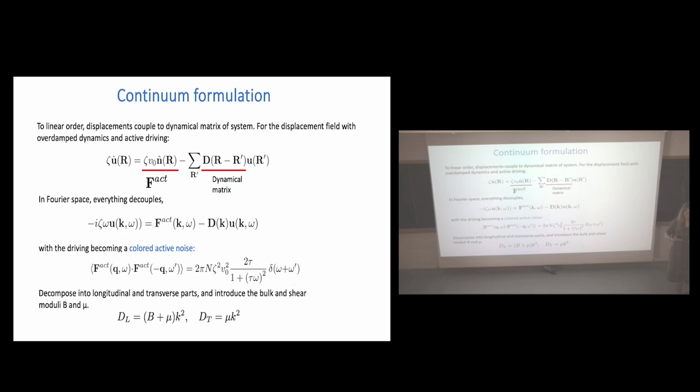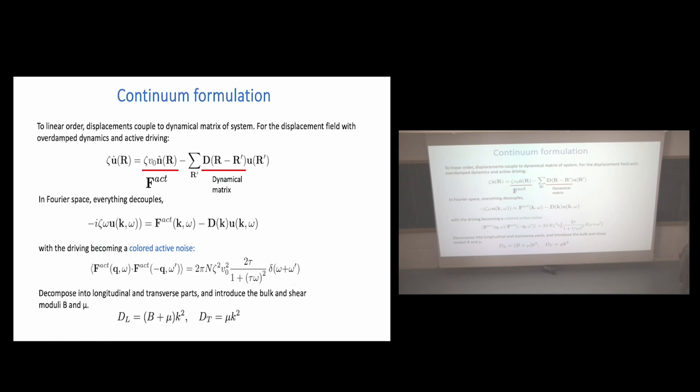In frequency space, this has a Lorentzian spectrum, so tau omega squared down here at the bottom. And because of this Lorentzian spectrum, this is going to change how these modes, which would normally be diffusive and damped, act with each other.